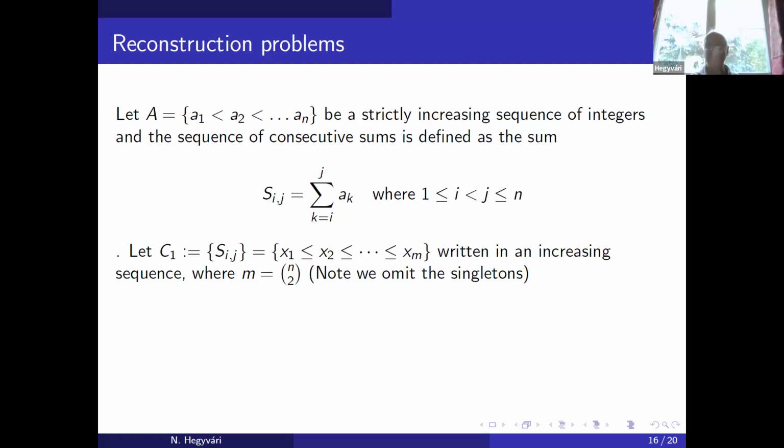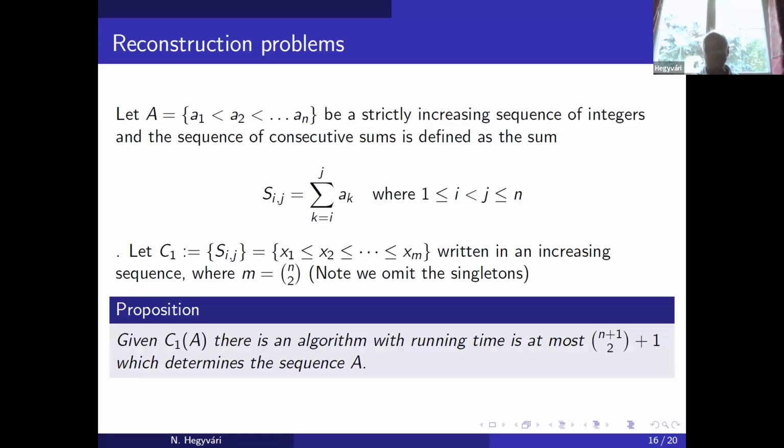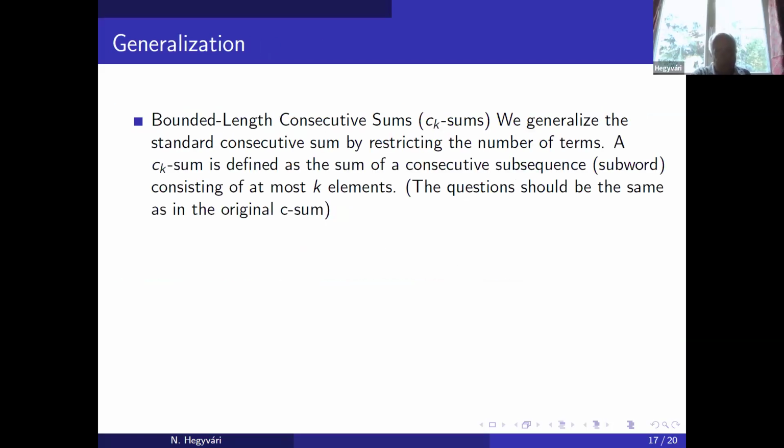So there is a list of consecutive sums, of length at least 2, which is given. Then the proposition says that there is an algorithm with running time at most n plus 1 over 2 plus 1, which determines the sequence A.